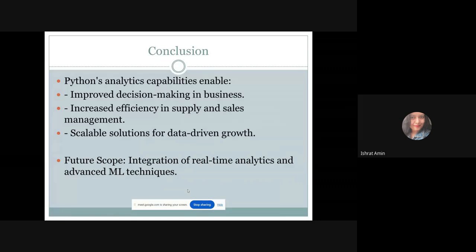For this particular case study, the future scope will be the integration of real-time analytics, for example, when any data is generated, we get insight from that data in real time, and some advanced machine learning techniques can be incorporated to get more insights from this data in real time. That's all from my presentation.